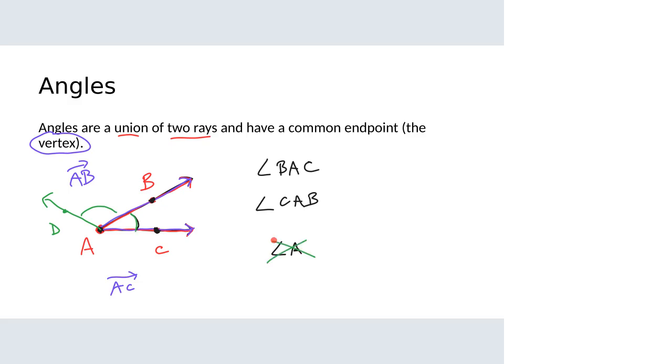So this is no good now. That could be confusing. We don't know which one we're talking about. If we wanted to talk about this angle, we could call it angle BAC. And then if we wanted to talk about this angle over here, we would call it angle BAD to describe that one.